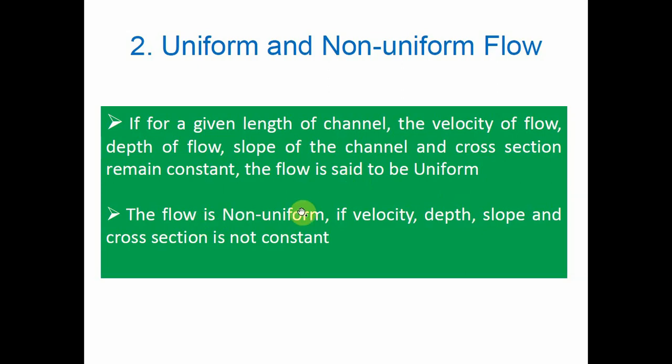Then, non-uniform flow. For a given length of the channel, if the velocity of the flow, depth of the flow, slope of the channel, and area of the cross section do not remain constant, the flow is said to be non-uniform flow.